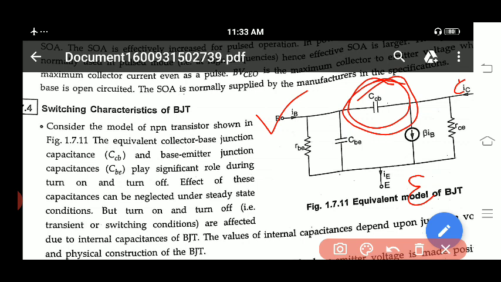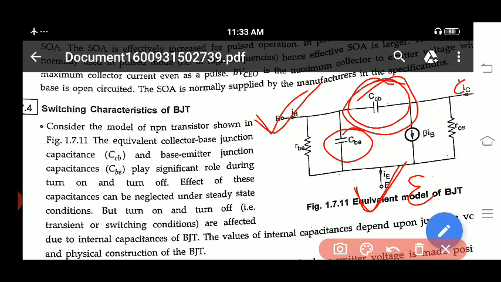In between base and emitter, what capacitance is there? That is represented by CBE, the base to emitter capacitance.